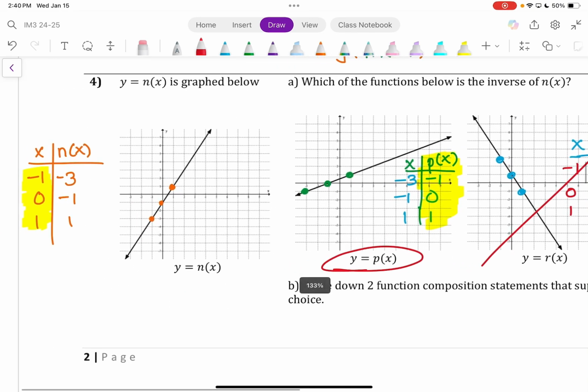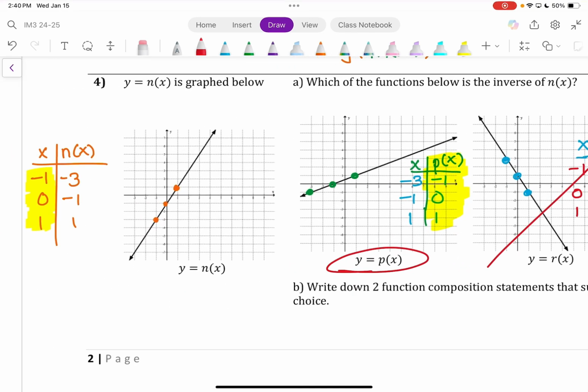Let's go ahead and write our function composition statements. So if we begin with N, that means you pick any input that is in the yellow column. So pick any number from the yellow column. 1. N of 1 will get plugged into P, and since they are inverses, what will my output be equal to?